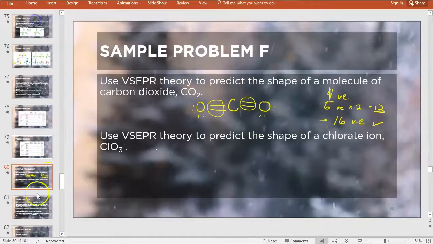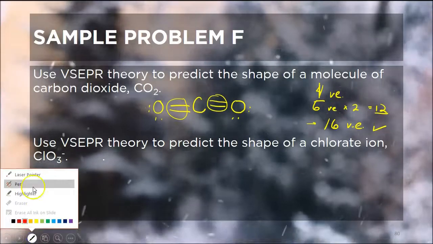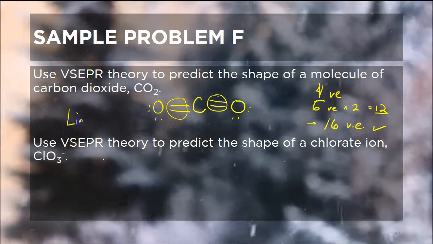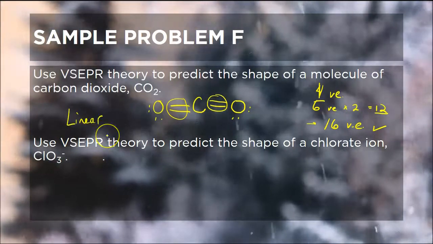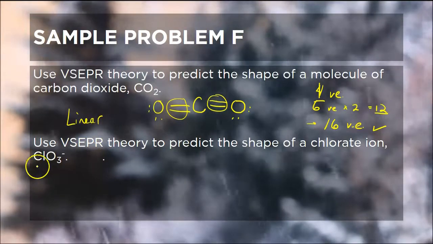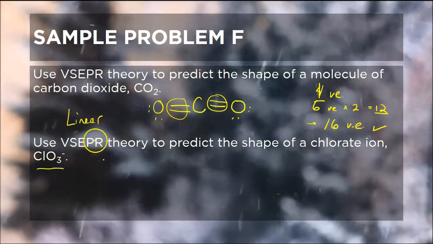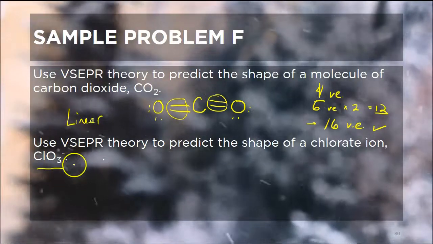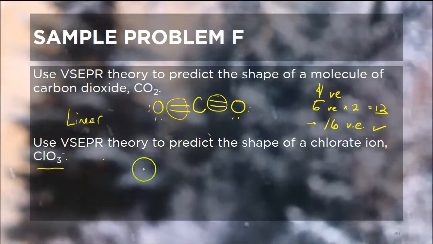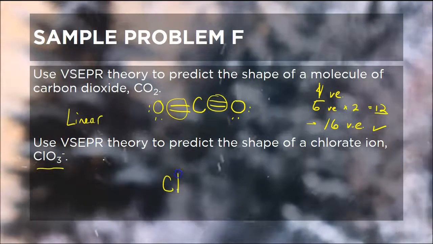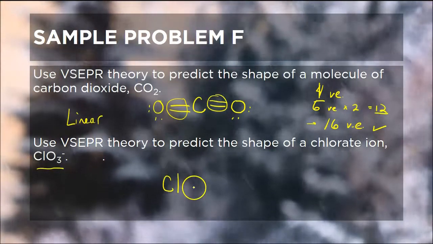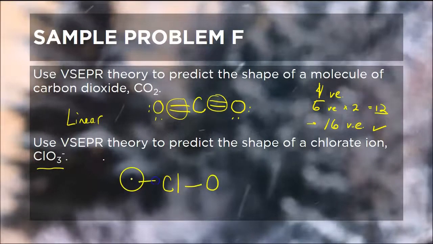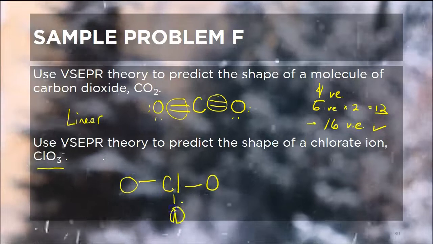So we can also do polyatomic ions. Let's make a chlorate, which in your notes, be aware there's a typo. It says 3-, but it's ClO3 with a -1 charge is what it should be. So chlorine is going to be in the middle, attached to 3 oxygens.